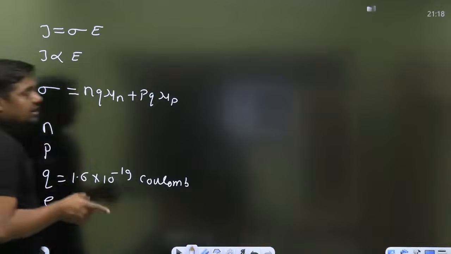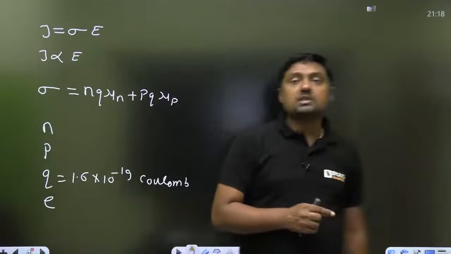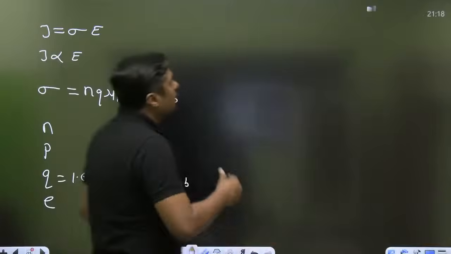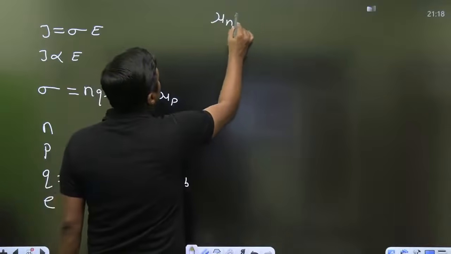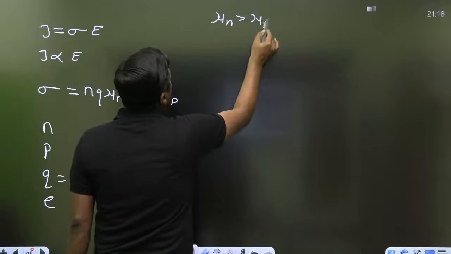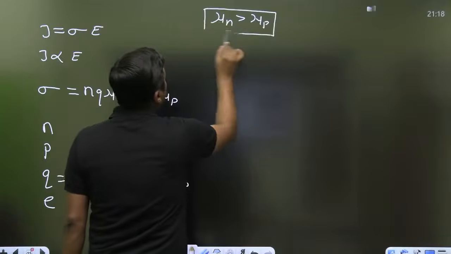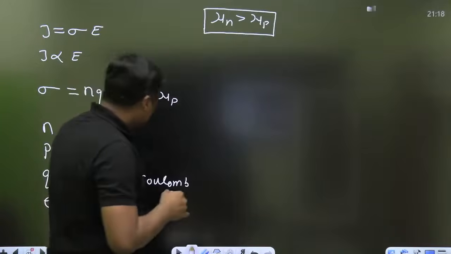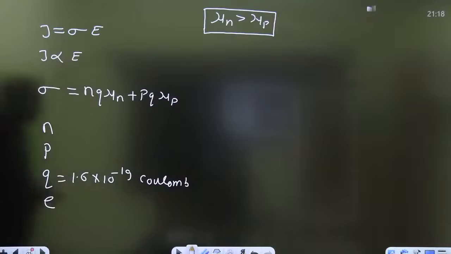Mu N is the mobility of electron and mu P is the mobility of hole. And mu N is greater than mu P. Always remember, mobility of electron is greater than mobility of holes. That is the general formula for conductivity.